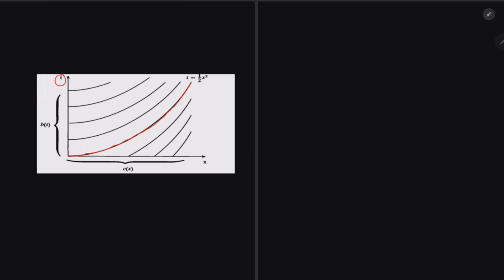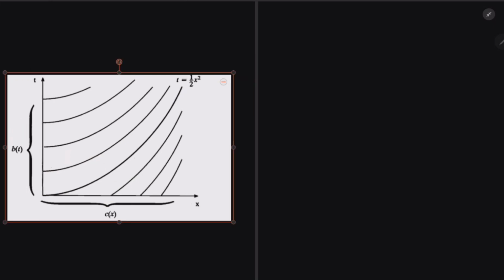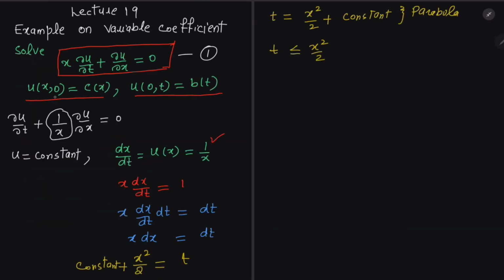On the y-axis you have t, and on the x-axis you have x. From the initial condition, when t is 0, u of x is c of x. So c of x has been shown over here like this.